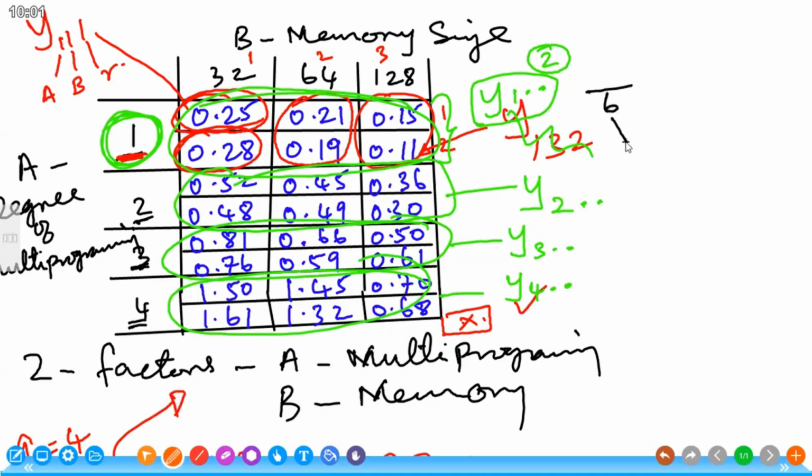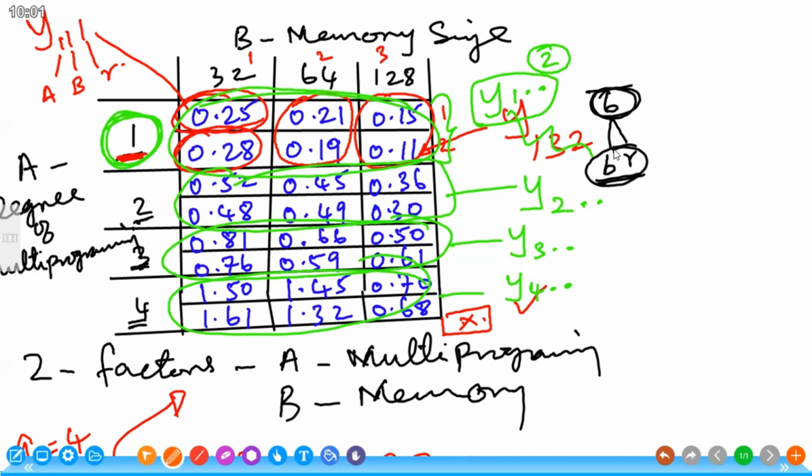How can we explain this 6? It is the level of B and the level of replicate. Multiply these two, B and R. What is the value? 6.